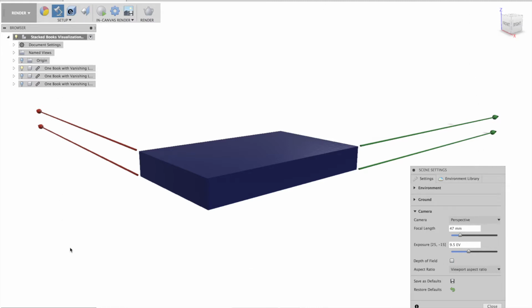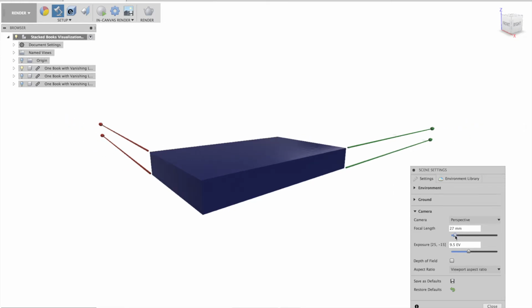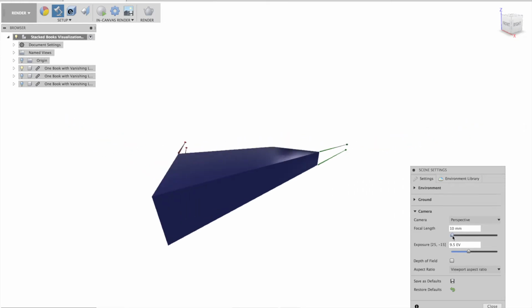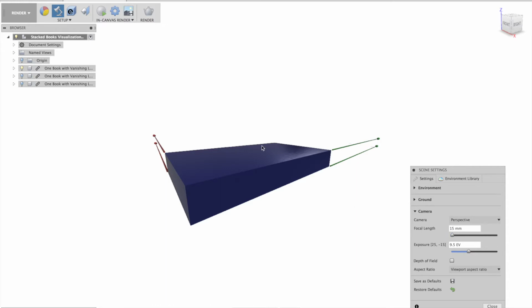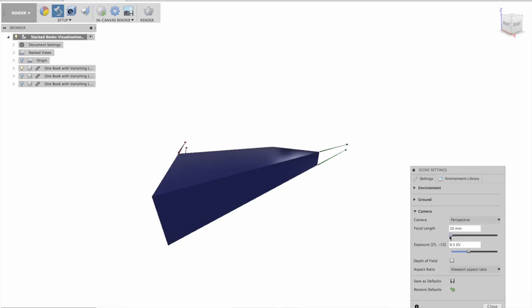So this book in particular would not have either vanishing point on an 11 by 14 sheet of paper. But if we put the vanishing points on the page, it exaggerates that perspective to the point where this no longer looks real. It looks a little bit distorted. In fact, I guess I can go further, and that's a little crazy.